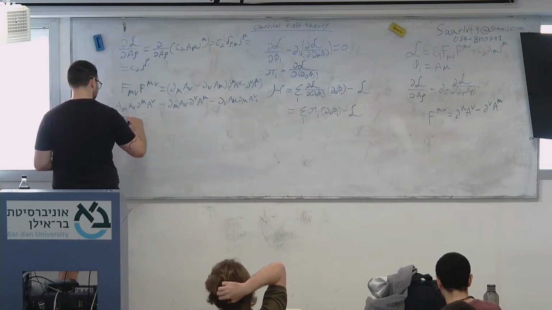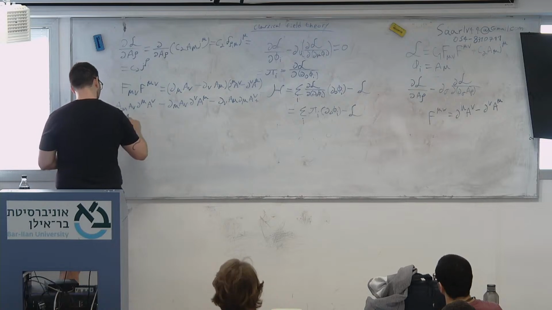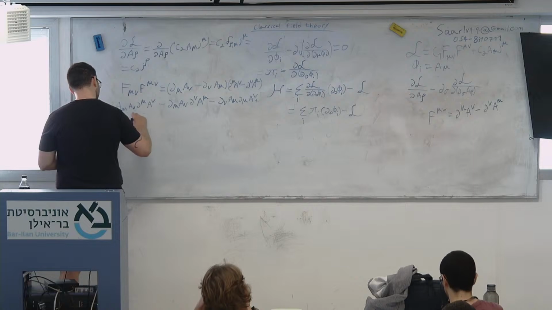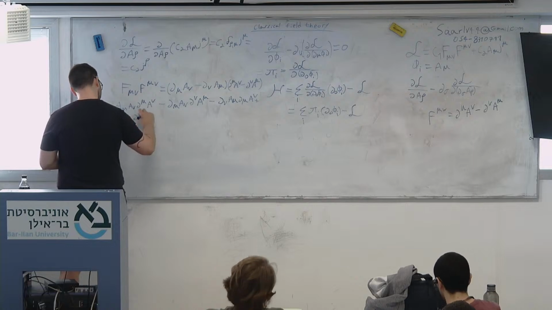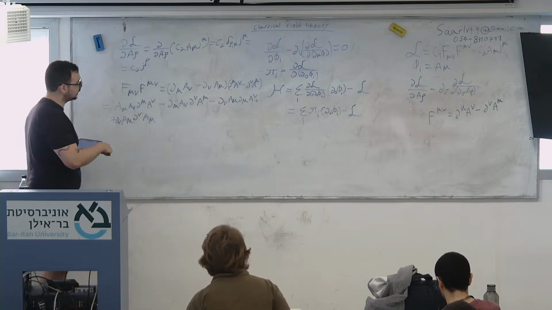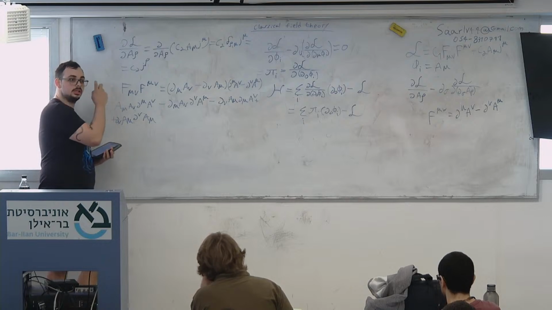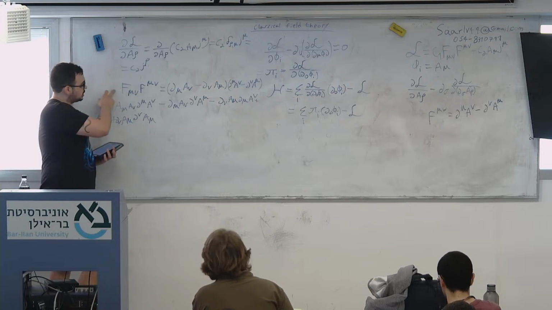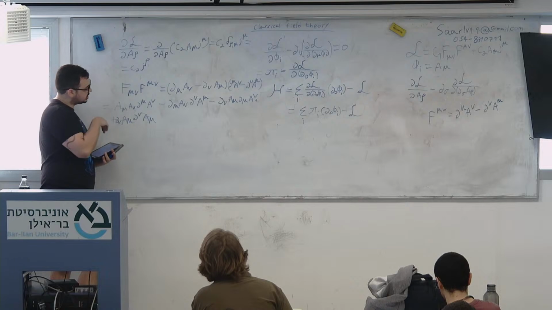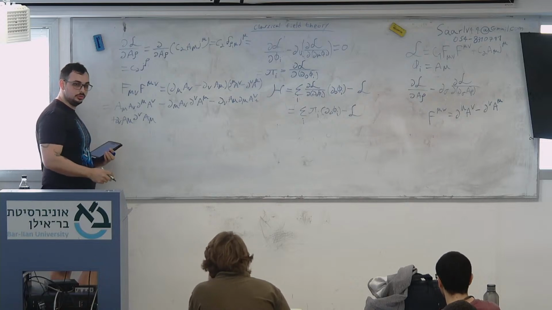Plus u. So now again we need to remember that this is an index, and there's a hidden sum here, a sum on mu and a sum on u.